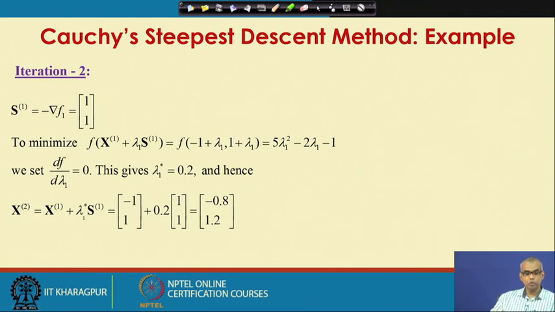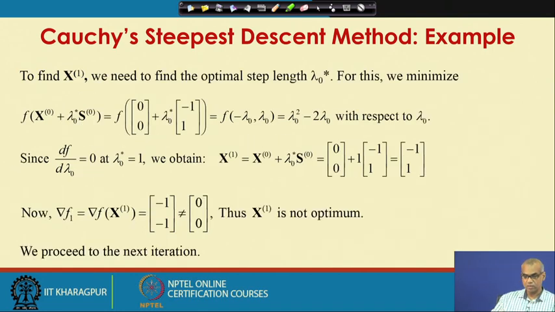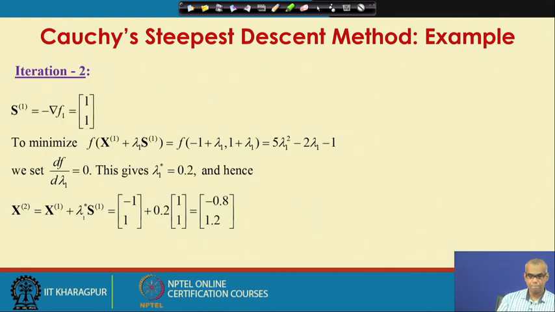In iteration 2, we will set the search direction as negative of the gradient at x 1. Note the gradient at x 1 is minus 1 minus 1. So, the search direction will be minus of this gradient, that is 1 1.